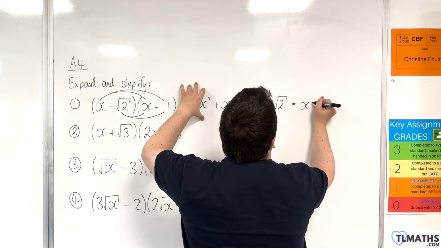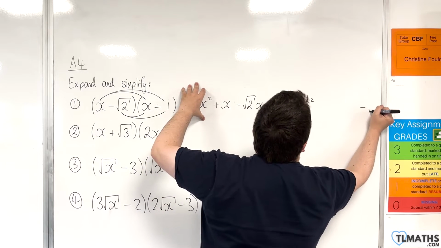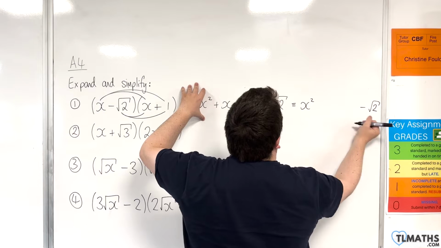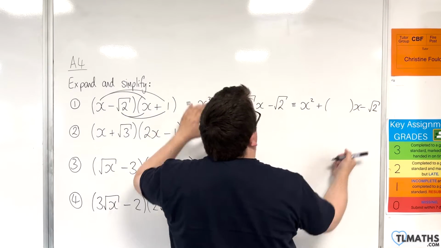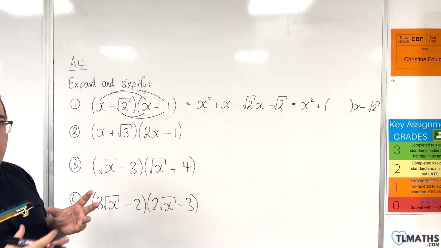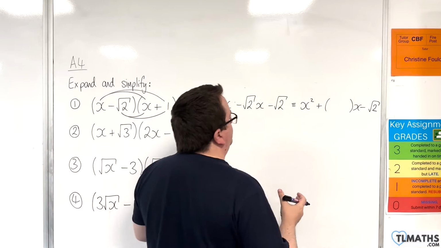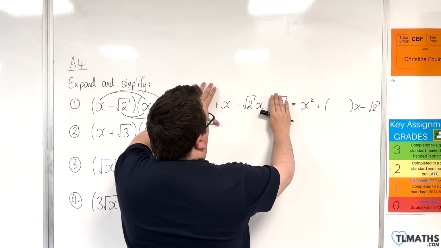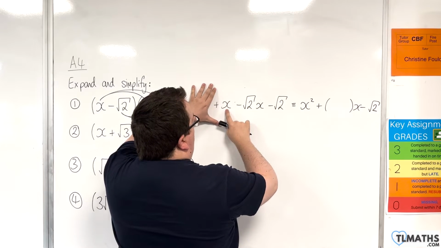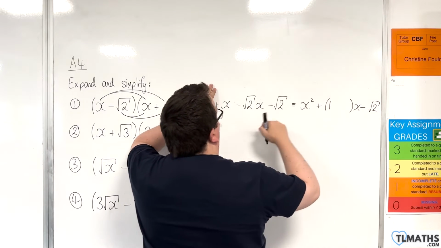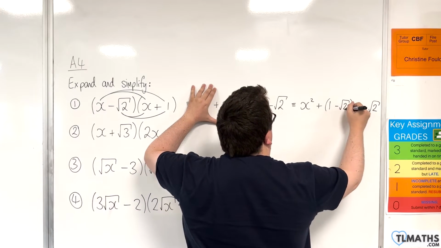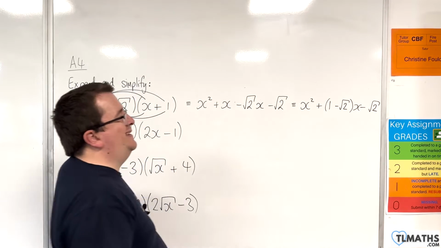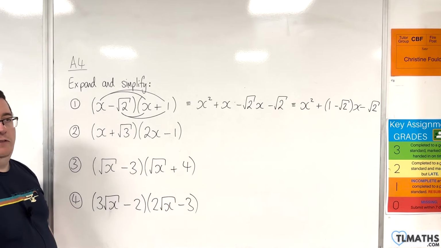So we can have x squared, and then we've got the minus root 2 on the end, and then you're going to have a bracket with the x pulled outside, so that's been factored out. If you just focus on those two terms, we're going to have x divided by x, which is 1, and then minus root 2x divided by x, which is minus root 2. And so you can write it in this neater, more succinct form.